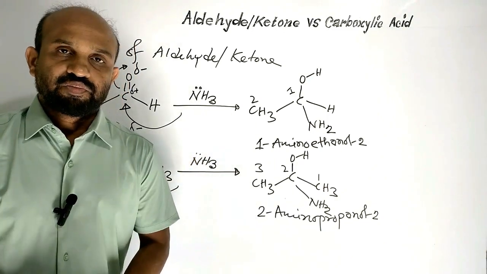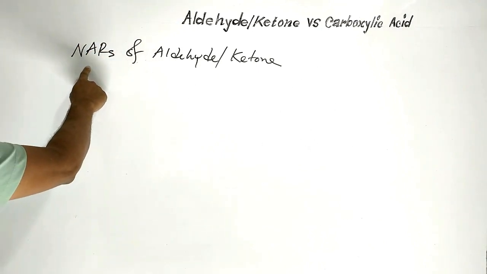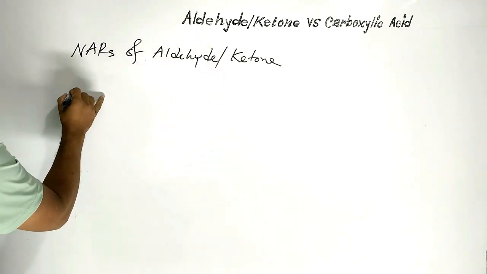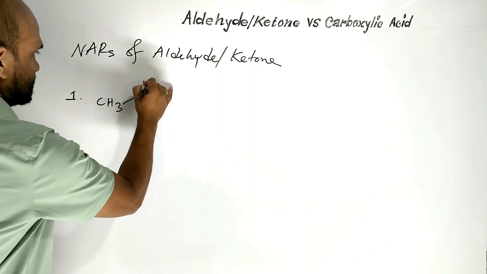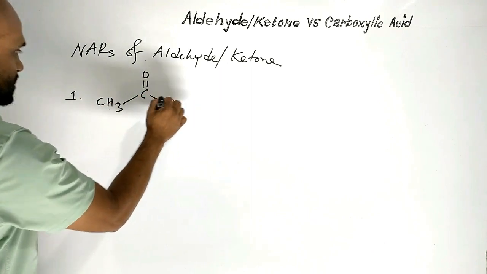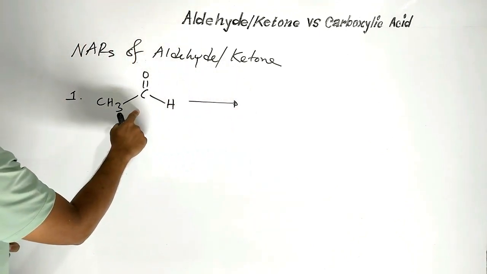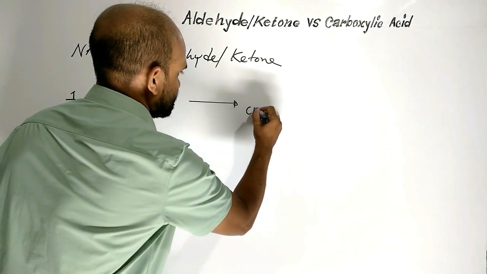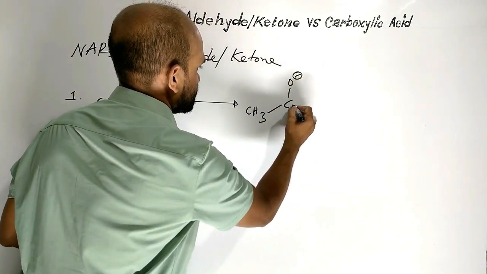Now let us see the mechanism of the reaction. Nucleophilic addition reactions of aldehyde and ketone. The mechanism is like this. Step 1, aldehyde, ethanal. In the first step, ethanal undergoes polarization. As a result, this entity is formed.